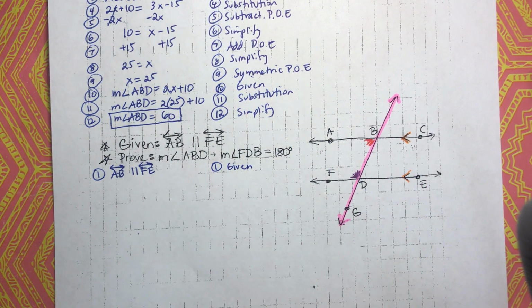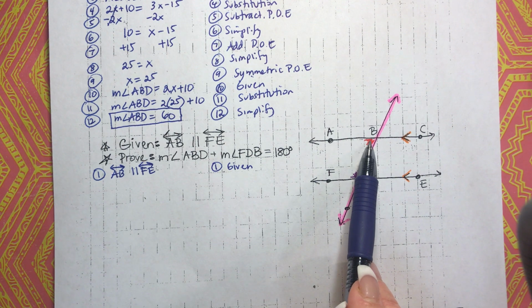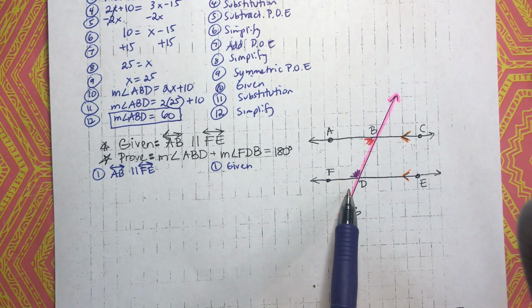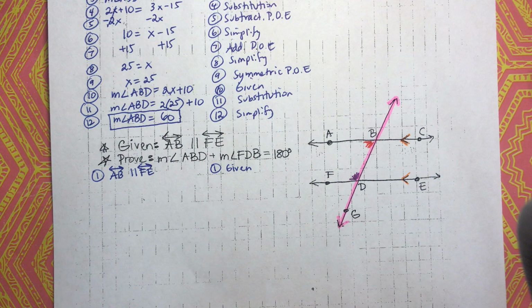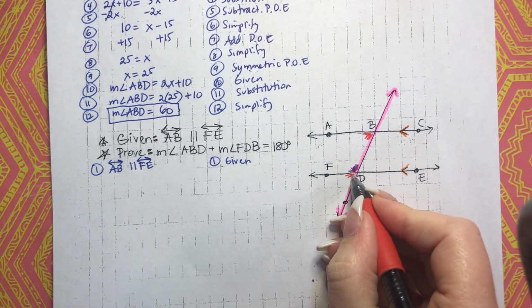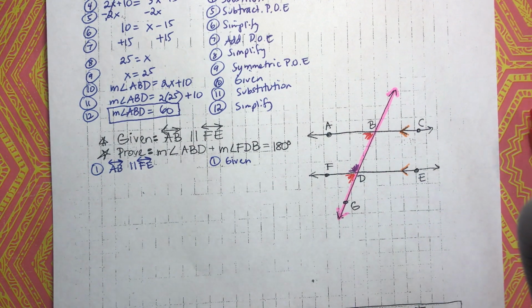I'm going to use the corresponding angles postulate. By the corresponding angles, I'm just going to choose this one. The corresponding angle to this angle would be right here, so that means they're congruent. These two angles are the same.